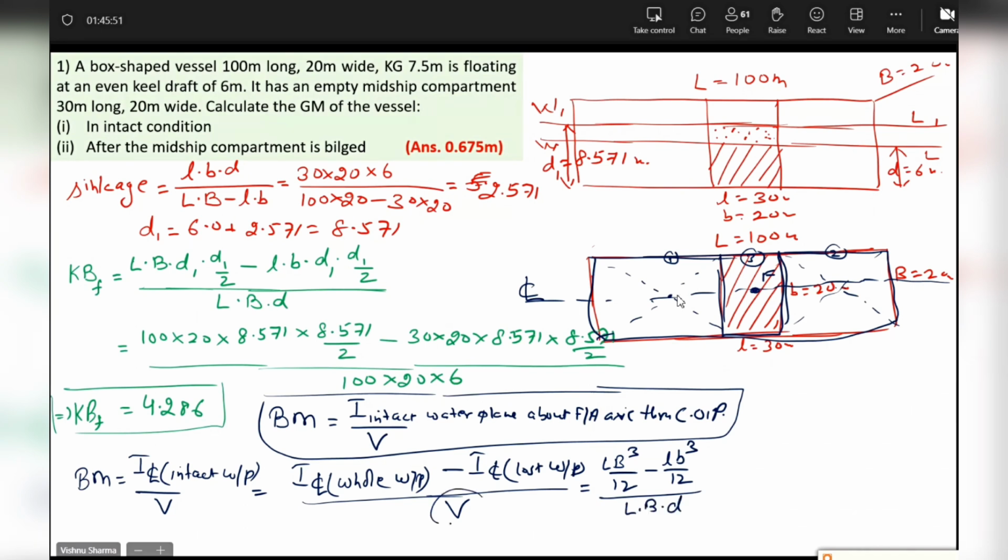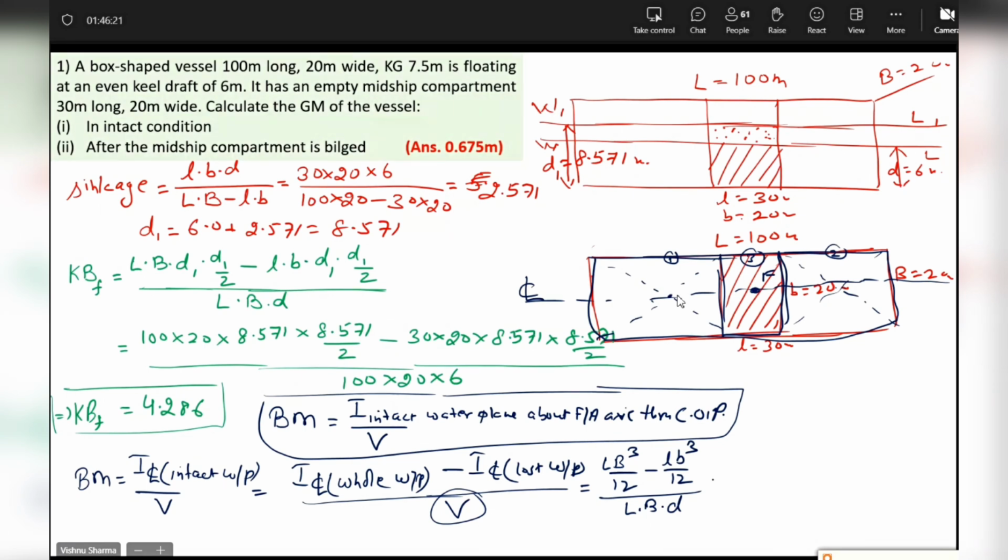Volume of displacement means the volume that is being displaced to provide the buoyancy, right? Has the displacement changed under the lost buoyancy method? If the displacement does not change, why should the volume of displacement change? Correct? Am I right? Yes. So it will remain LBD.